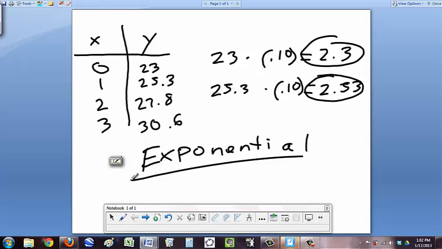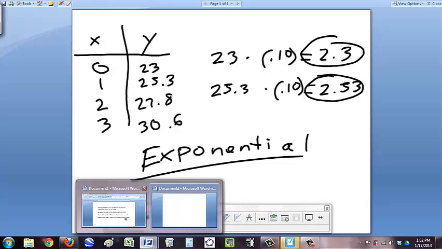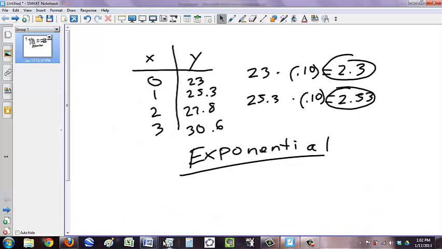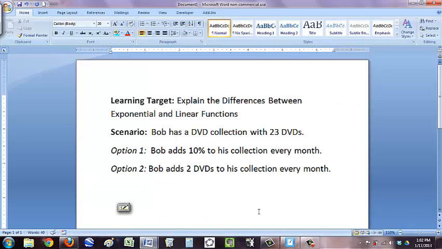Perfect. Okay, so now let's go back and look at our other scenario. In option 2, we're saying that Bob adds 2 DVDs to his collection every month. Let's take another look at the chart and see how that looks.